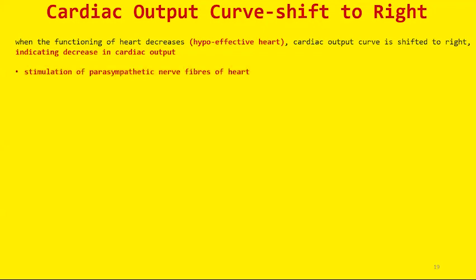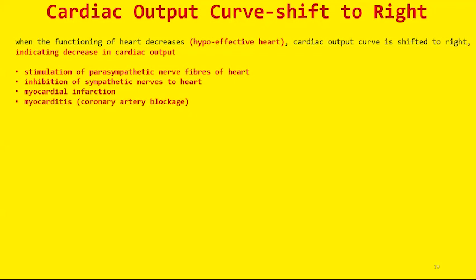And why is there a decrease? If there is parasympathetic stimulation, obviously this will decrease the cardiac output. If you inhibit the sympathetic nerve, again the opposite of parasympathetic stimulation is sympathetic inhibition, this will again decrease the cardiac output. During heart attack or myocardial infarction, the cardiac output is reduced.